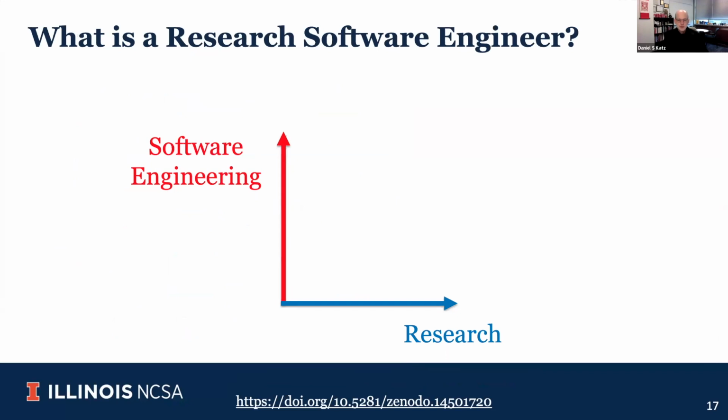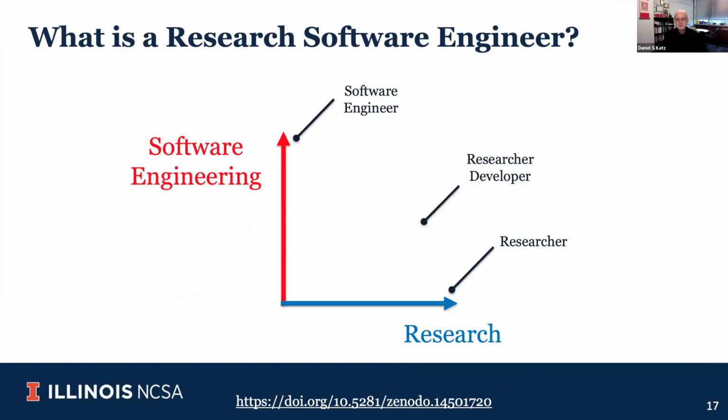And so we can think of a research software engineer as somebody that is in between software engineering and research. If we think of this as two axes defining a space, we have a researcher who's really good at research but doesn't really know much software engineering, and a software engineer who's really good at software engineering but doesn't know much about research. And we have researcher developers who are quite good at research and also understand a fair amount of software engineering.